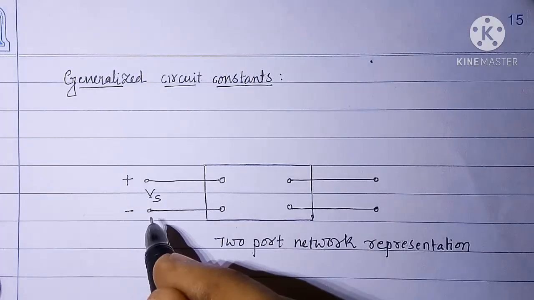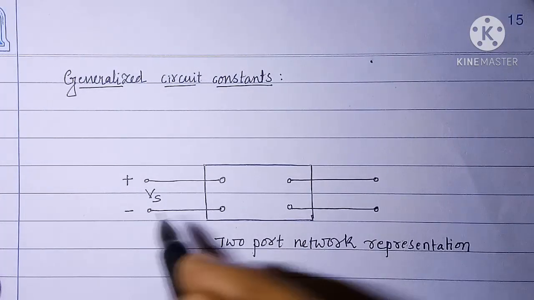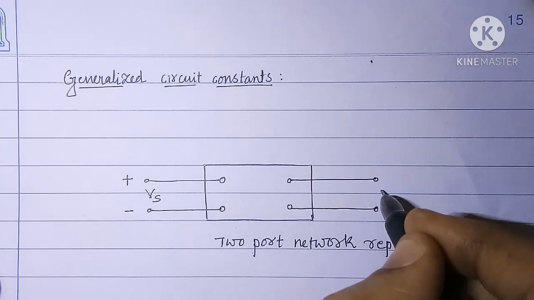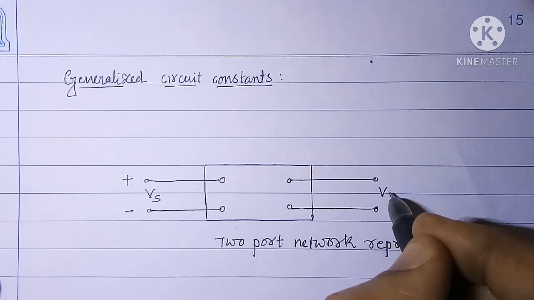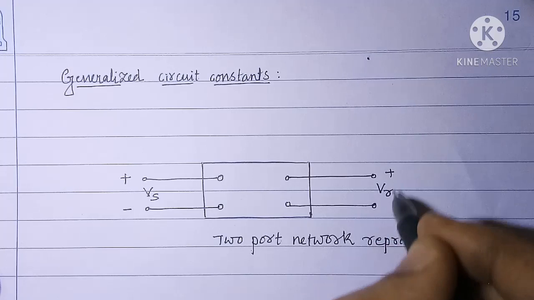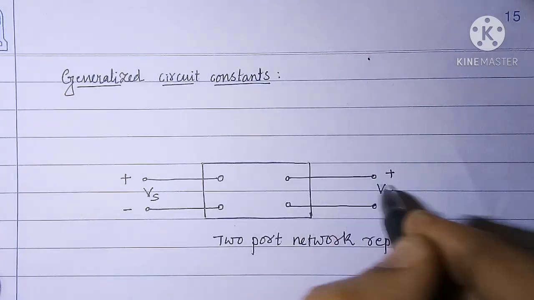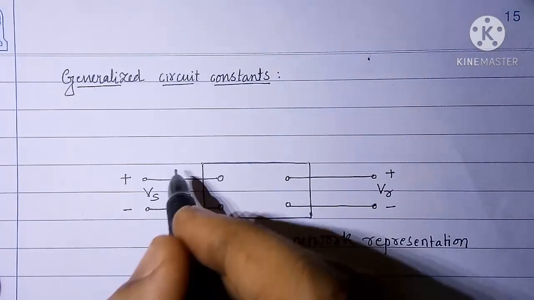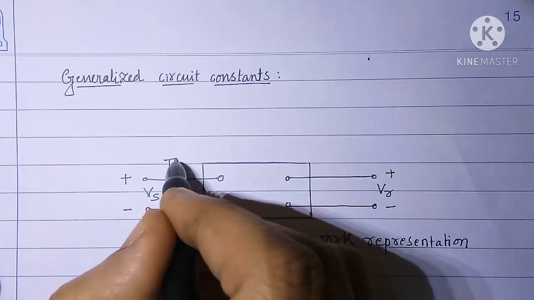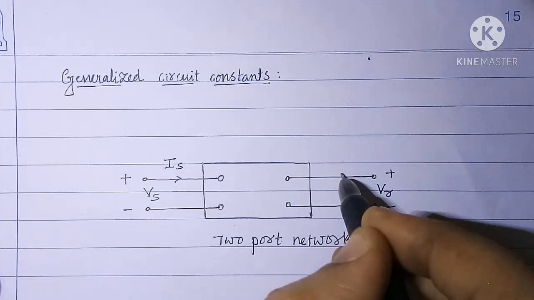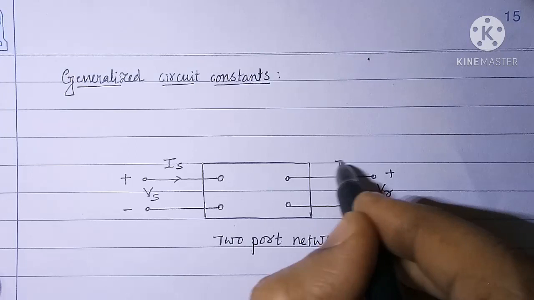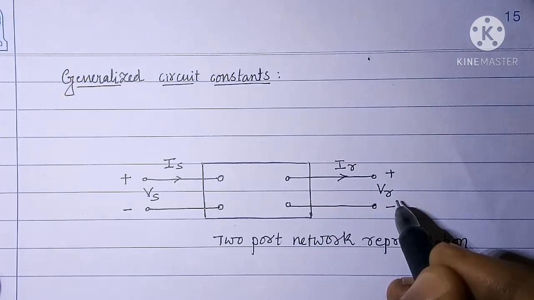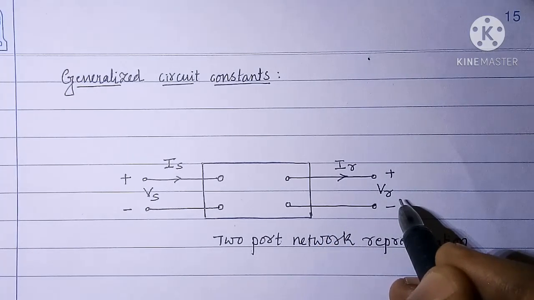On left side we are having sending end terminals, and on right side we are having receiving end terminals. So sending end voltage is Vs, sending end current is Is, receiving end current is IR, and receiving end voltage is VR.